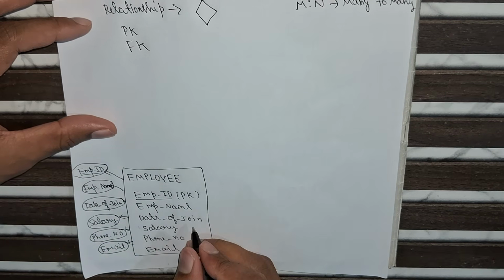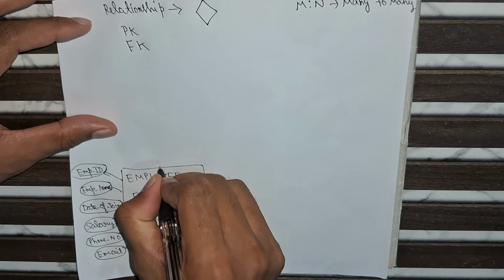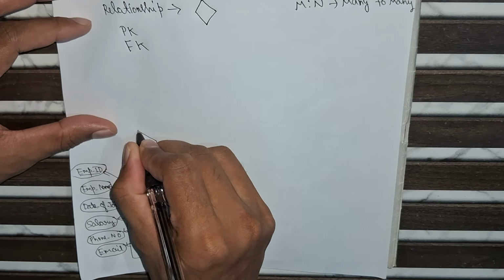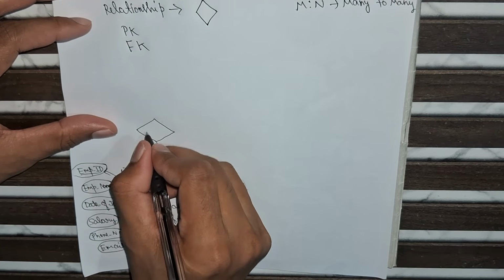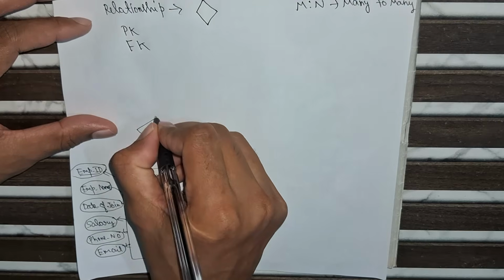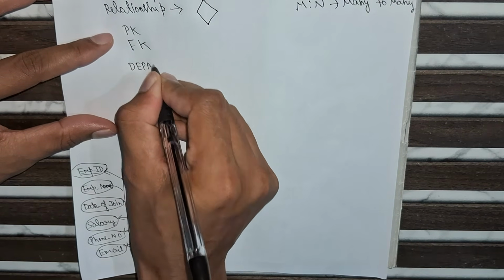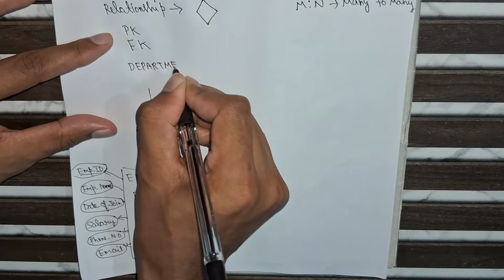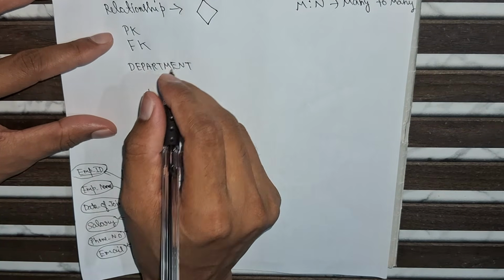Now we will move to another, which is department. What's the relationship between department and employee? We will write under this diamond shape, and we will write has, and then again this arrow is going towards department. Here we will write department. Now under these, what will be the attributes?